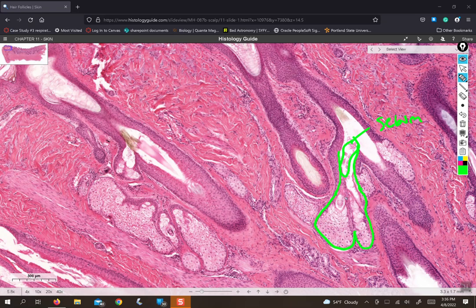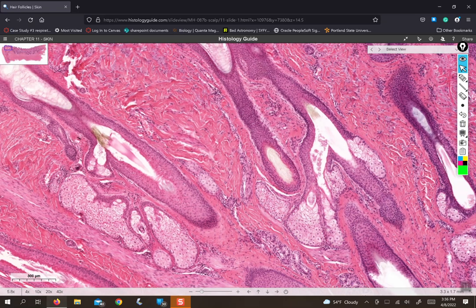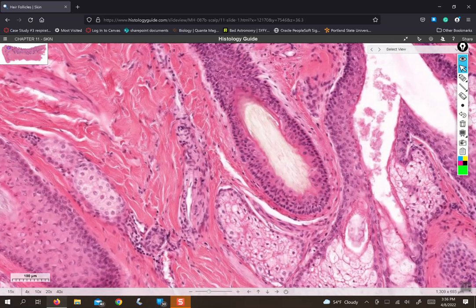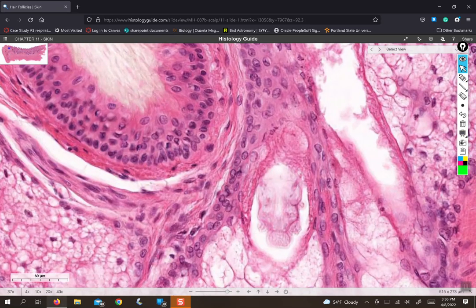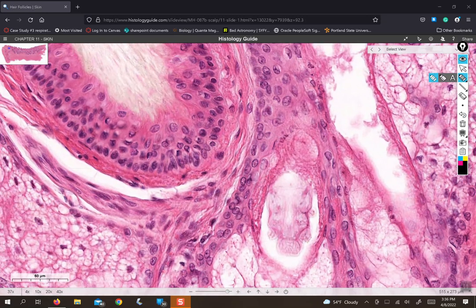Also, I'm noticing something spooky here. This little piece of sebum looks like a creepy face. There's like a mouth, a spooky skeleton mouth, and a nose, and some eyes, and little horns, and then a chin.